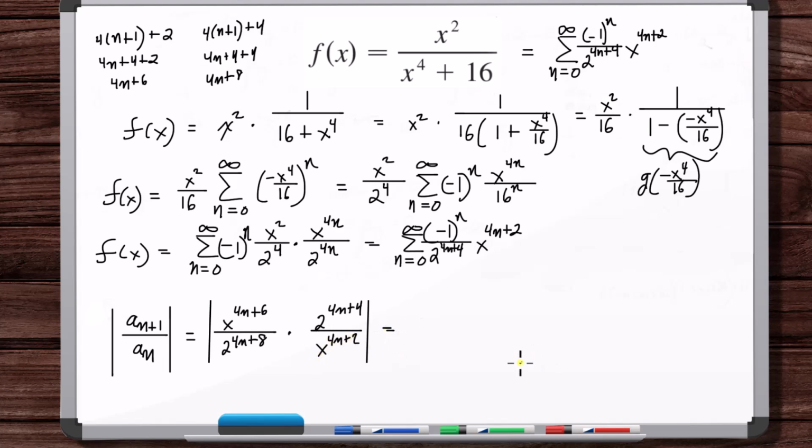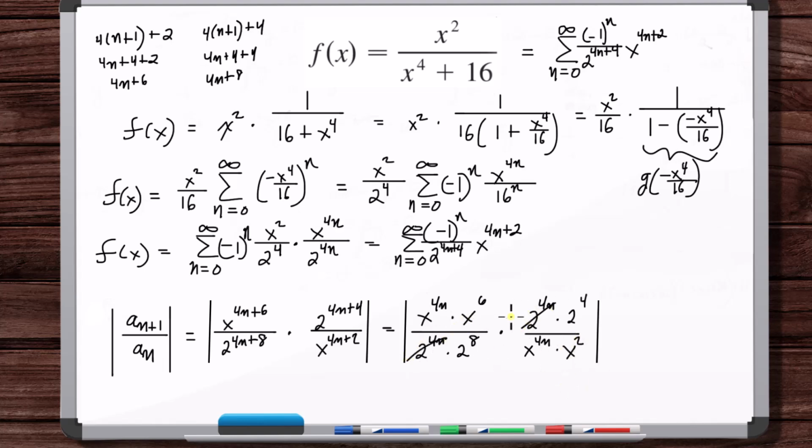Okay, so this is x to the 4n times x to the 6th, and then 2 to the 4n times 2 to the 8th, and then 2 to the 4n times 2 to the 4th, x to the 4n times x squared. So 2 to the 4n, those cancel.